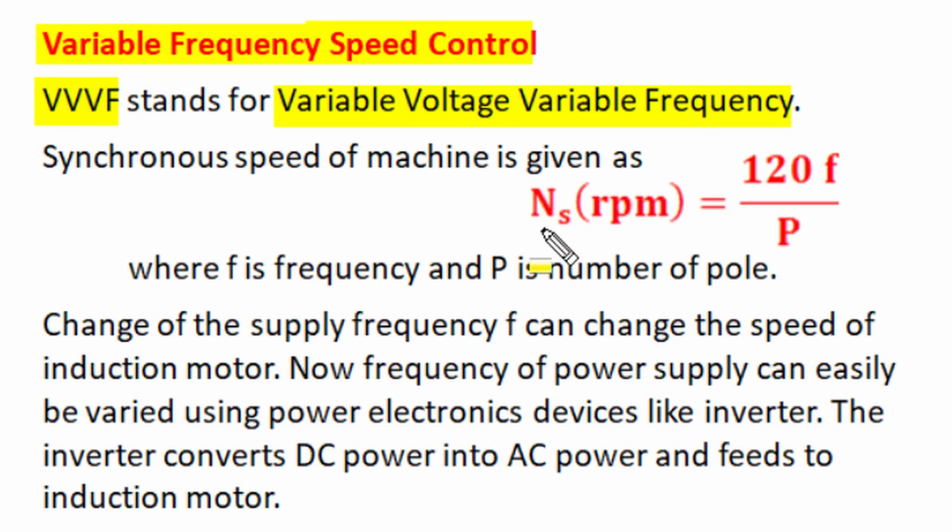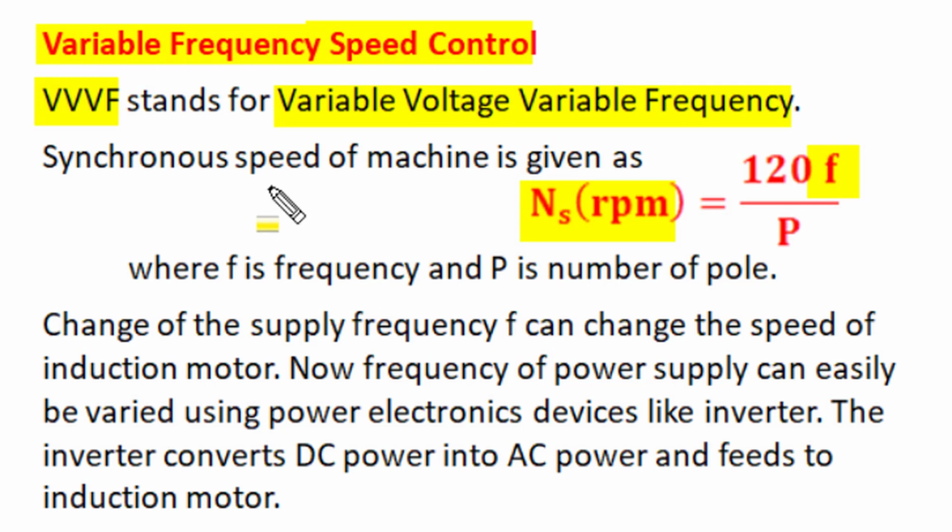And we know the synchronous rotating speed of the magnetic field in the air gap is directly proportional to the supply frequency, and when the supply frequency is changed, we can change the rotating speed of the air gap magnetic field, and the rotor of the induction motor, with a certain amount of slip as per the torque requirement of the motor, will have a changed speed of operation if the supply frequency is changed.